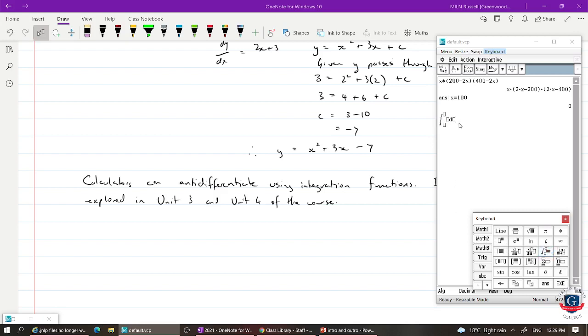And it will produce this template. We can ignore these boxes here for the moment. And all we're going to do is stick in 2x plus 3, because we know the answer to that already, and dx. And lo and behold, it gives us our x squared plus 3x, but what it doesn't do is give us our plus c, so we have to always remember to stick that on.